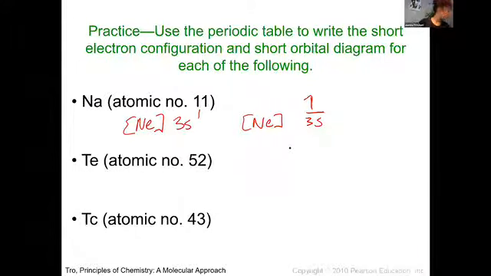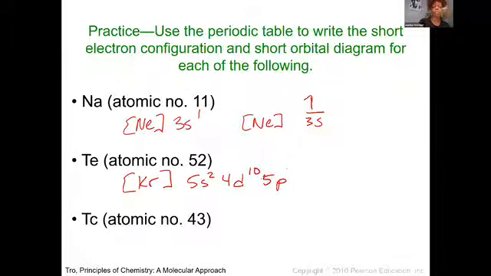For Te or tellurium, we would say krypton is the noble gas that comes before it. And then if we continue on, that would put us at 5s2, 4d10, and 5p4. For the orbital diagram, it would be the same thing, krypton.